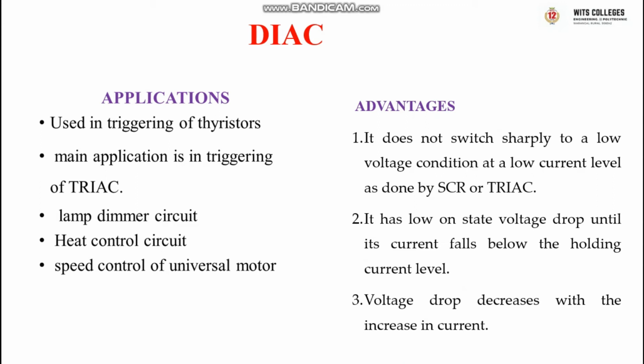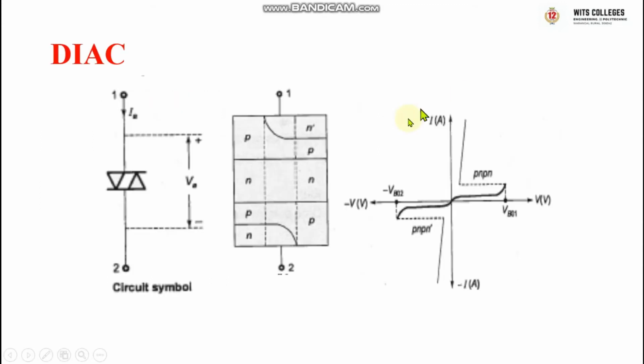It has low on-state voltage drop until its current falls below the holding current level. Voltage drop decreases with the increasing current. We can observe in the VI characteristics that voltage drop decreases with the increasing current. Breakover voltage will be in the range of 30 to 50 volts. So this is the forward bias characteristics and this is the reverse bias characteristics.